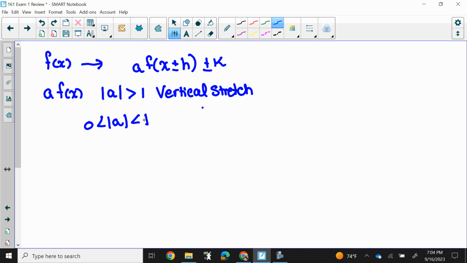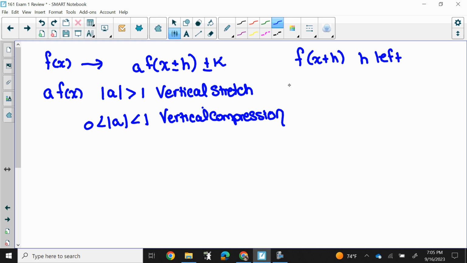It can't be negative. If it's negative, remember that's a reflection over the x-axis, and I'll talk about that in a minute. But that is a vertical compression. Okay, so if I did f of x plus h, it's exactly the opposite of what you think of. It's going h to the left. And if I did f of x minus h, that's h to the right.